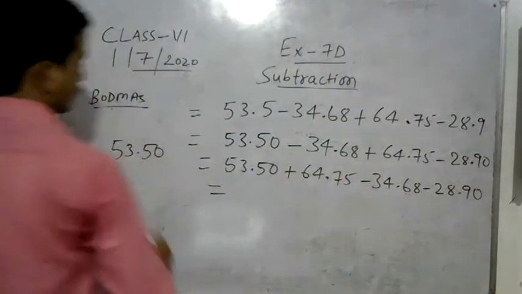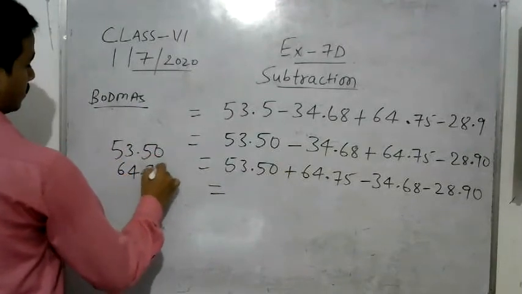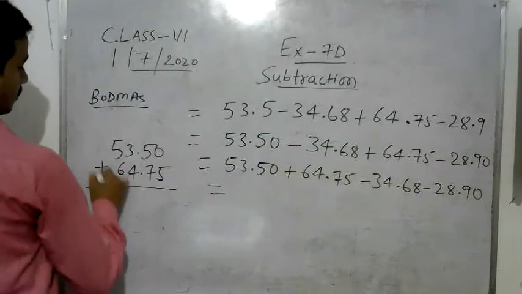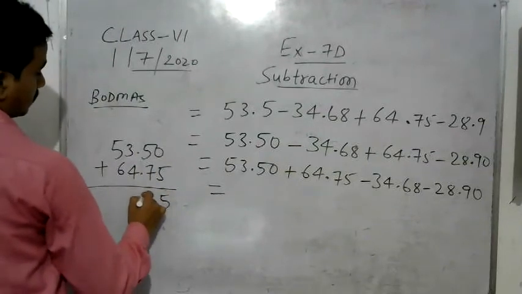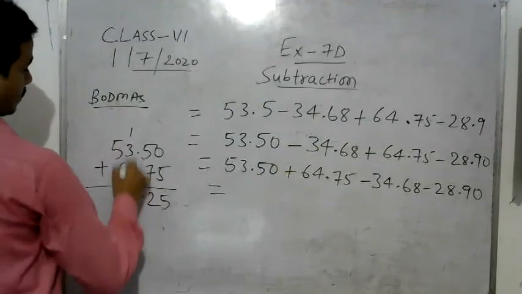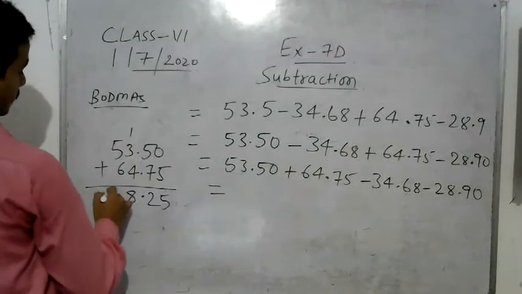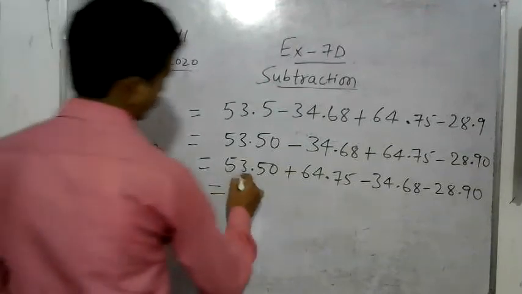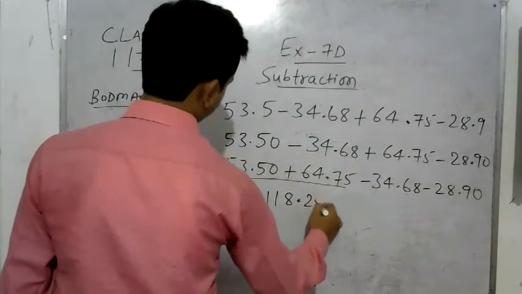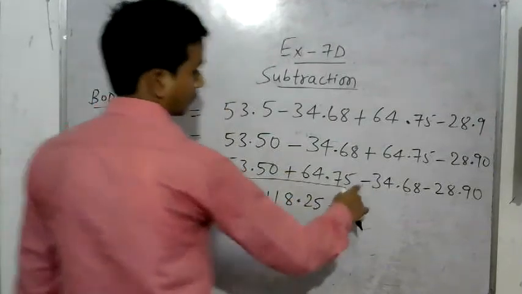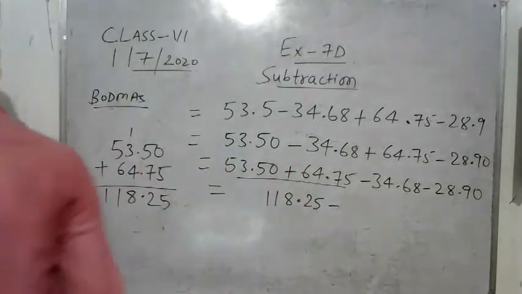So 53.50 and 64.75, add it. 5 plus 0 is 5, 7 plus 5 is 12, carry 1, 4 plus 3 is 7, 7 plus 1 is 8, 6 plus 5 is 11. So this will become 118.25.